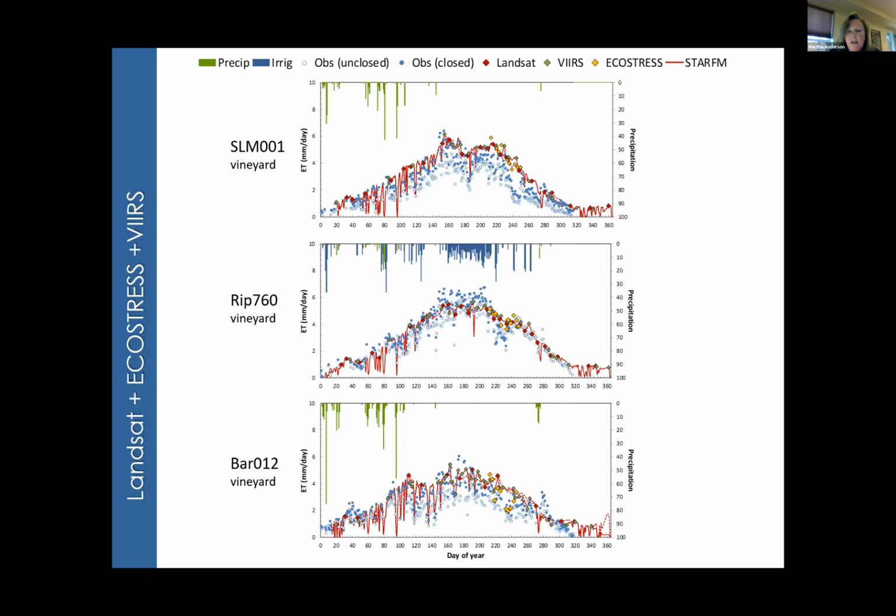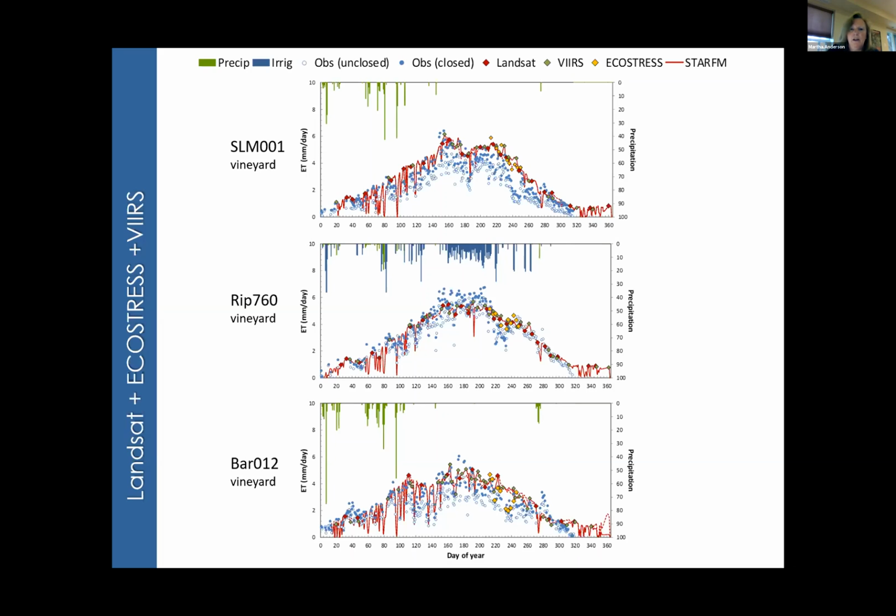The red and green and yellow diamonds are direct ET retrievals from Landsat, sharpened VIIRS, and ECOSTRESS. And then the red line is kind of a fused multi-source daily time series. And you can see the different thermal data sources are reasonably consistent with each other in most cases.